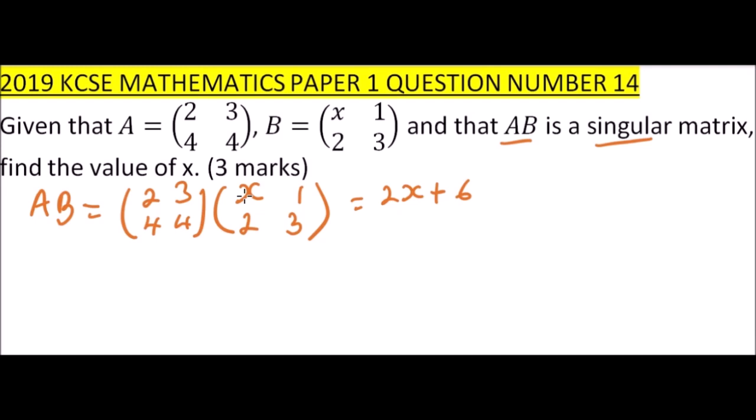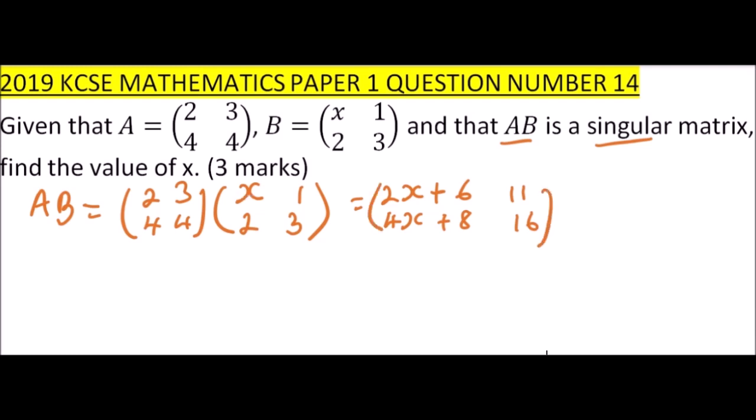Then 2 times 1 is 2, 3 times 3 is 9, so that will give you 11. From there we have 4 times x is 4x, then 4 times 2 is 8, so it is plus 8. Then we have 4 times 1 is 4, plus 4 times 3, that is 12, so this will give you 16. So that is the matrix.